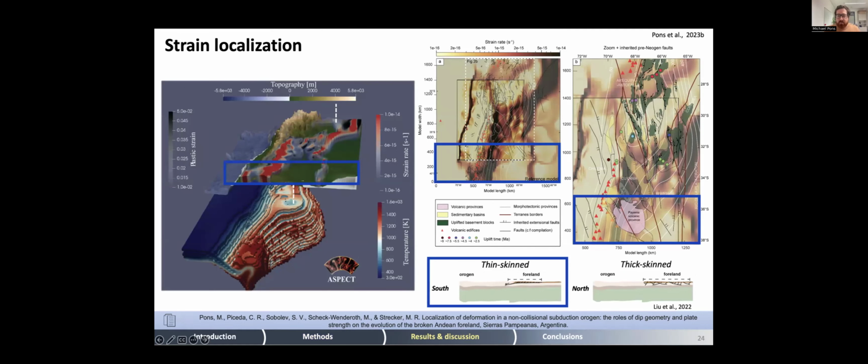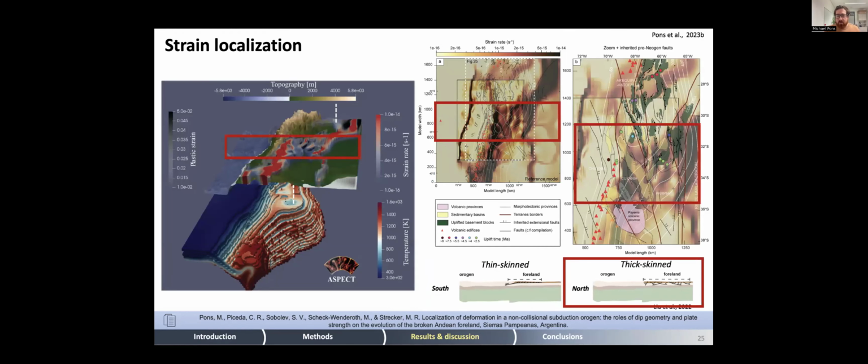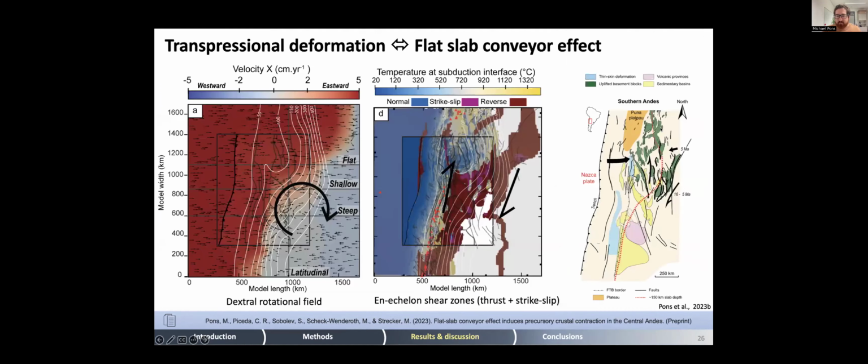But then we can see differences. In the southern part, the deformation localizes in front of the orogen in the foreland, following the so-called thin-skin deformation style, as seen in the field. But on top of the flat slab, the deformation is distributed, as we have seen in the previous picture, at the place where we have those uplifted crustal blocks, following the thick-skin deformation style of the foreland.